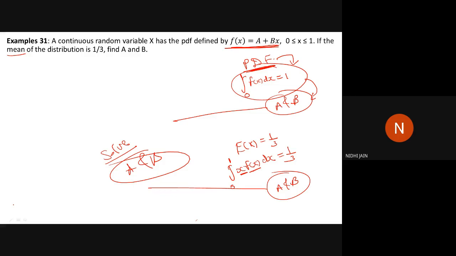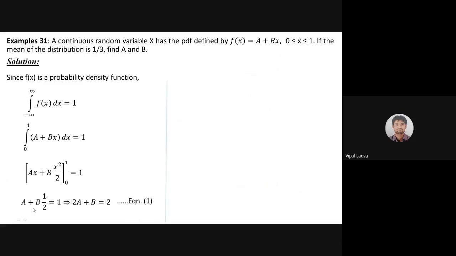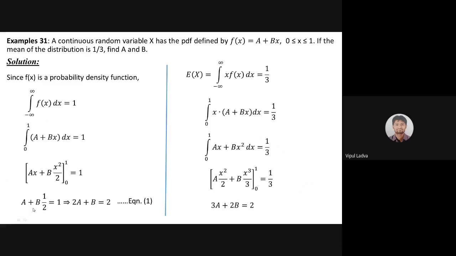Good. So let me show the solution from the slide. This should be the first relation. You will have 2a plus b equals 2. Is it correct, Meghna? Yes, sir. First relation. Okay, good. And using the mean data, that the mean of this distribution is 1/3, if we use that and solve the integration, then the relation will be 3a plus 2b equals 2.